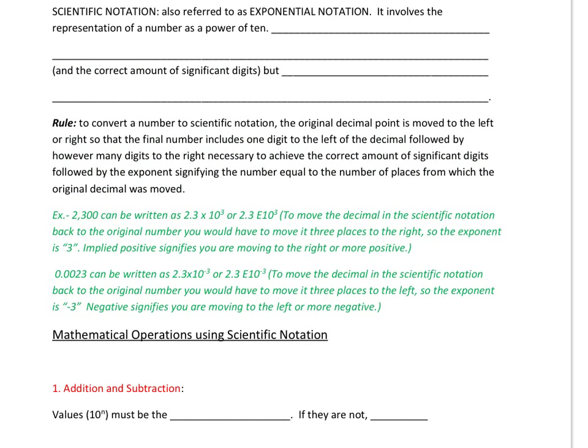Our next little section here is scientific notation, also known as exponential notation. You should already be familiar with this and good at this, but just in case, a little review here. It involves the representation of a number as a power of 10, and then numbers are written in the form M, a capital M, times 10 to the n.